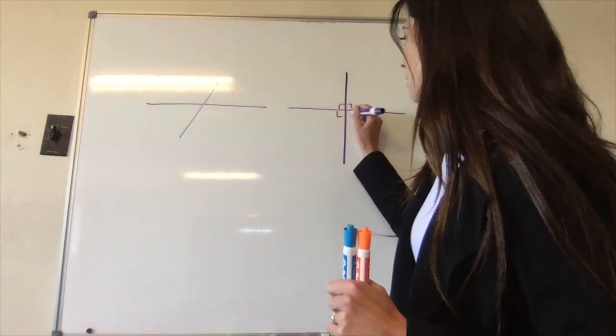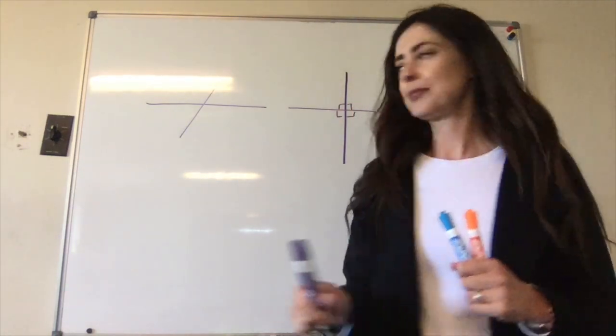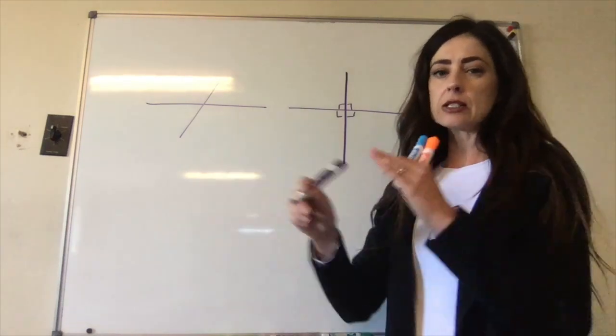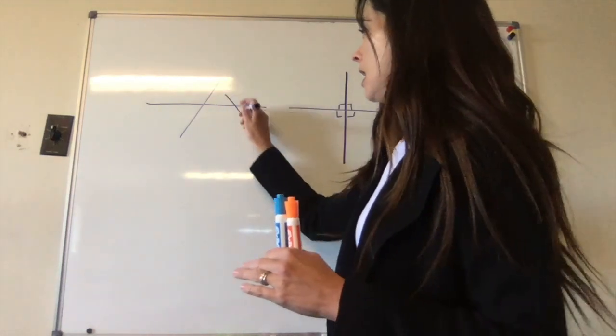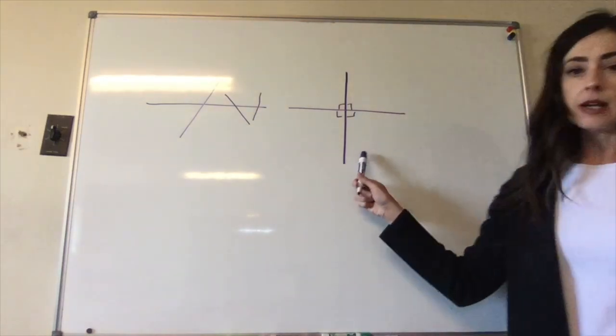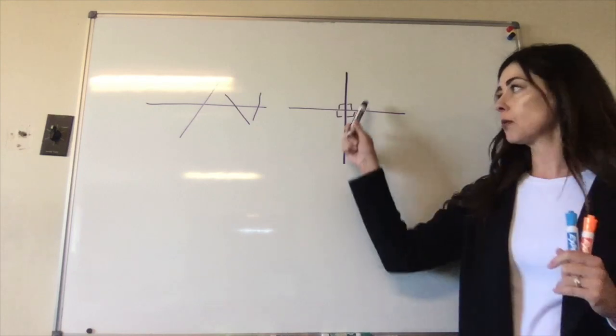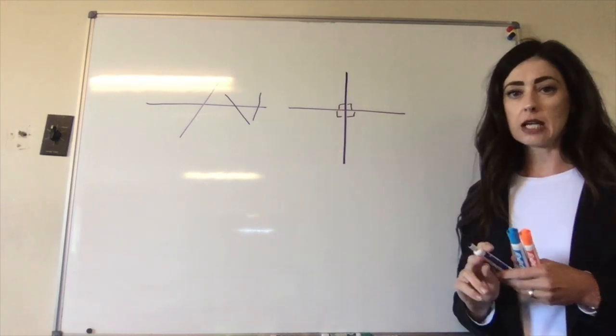So right angles. And you may be saying, well, what's a right angle? We'll get to that, okay? So intersecting lines intersect each other anywhere, anyhow, but they just can't make right angles. Whereas perpendicular lines are 2 lines that cross that create right angles on all 4 sides of that quadrant, okay?